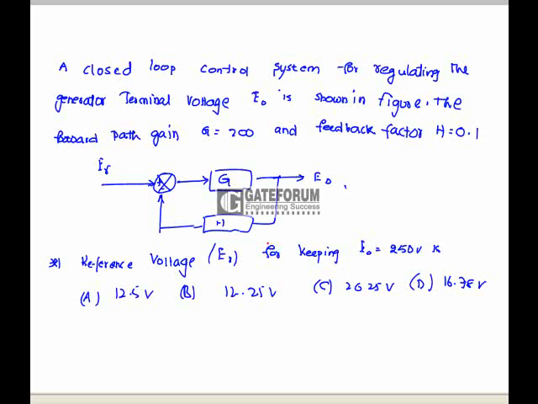Closed loop control system for regulating the generator terminal voltage E0, which is shown in the figure. The forward path gain is 200 and the feedback factor is 0.1. The reference voltage is for keeping E0 at 50 volts. E0 is nothing but G by 1 plus GH into ER.